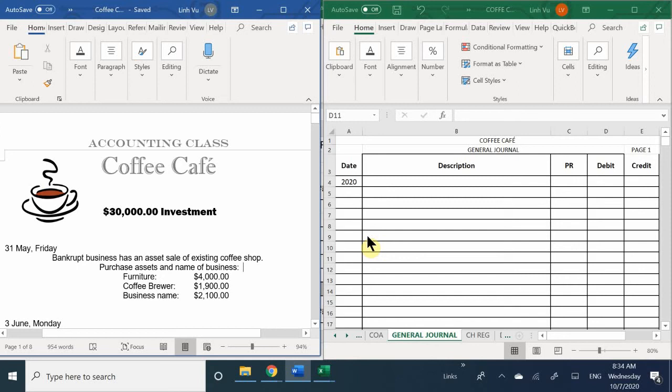Now, what I mean by properly recording each transaction is we're going to be utilizing the 7 steps of transaction analysis that we learned in chapter 3. So, meaning we need to collect our source document, we need to analyze it, determine how it affects our business, all right?